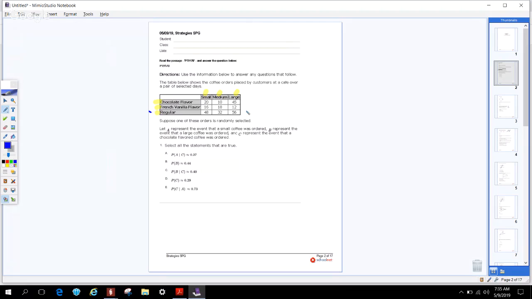So we have that. 20 plus 10 is 30, plus 45 is 75. I'm adding across for the chocolate. 18 and 12 is 30, plus 16 is 46. 48, 30, oh, I'm not going to do that one in my head. Oh, wait, I can. 80, 136.